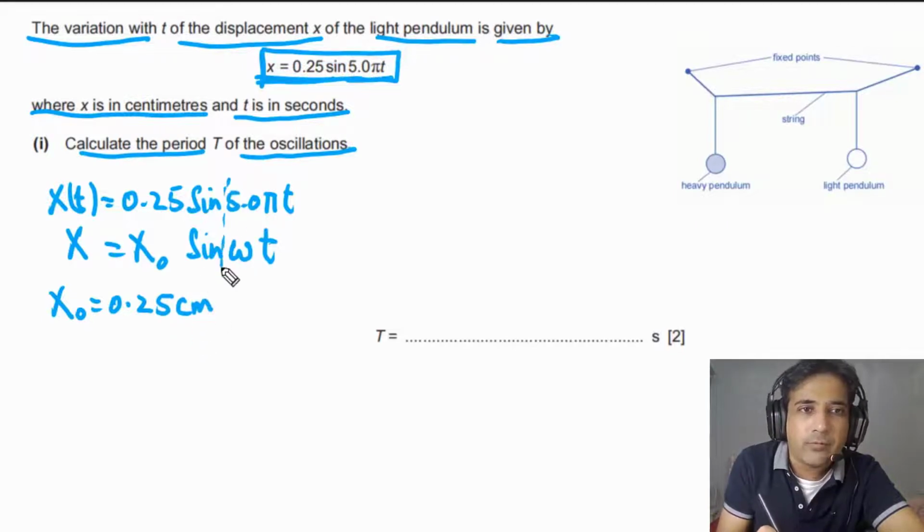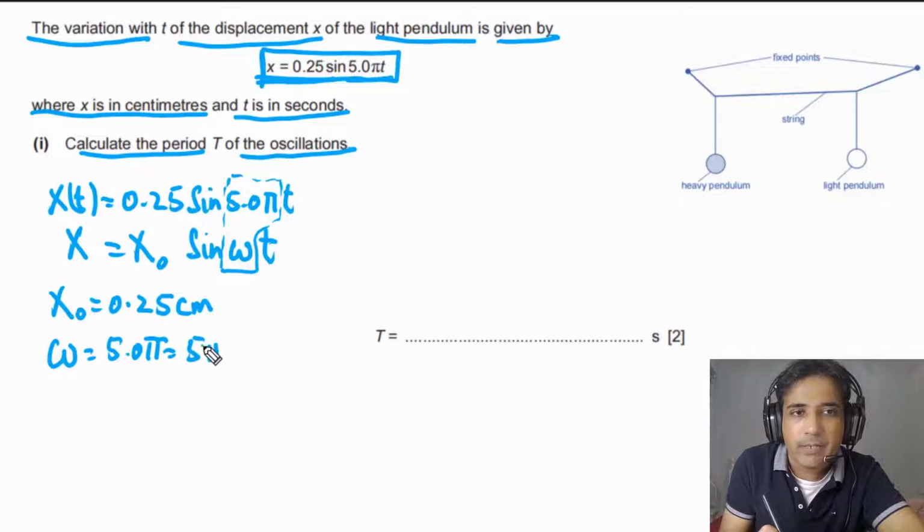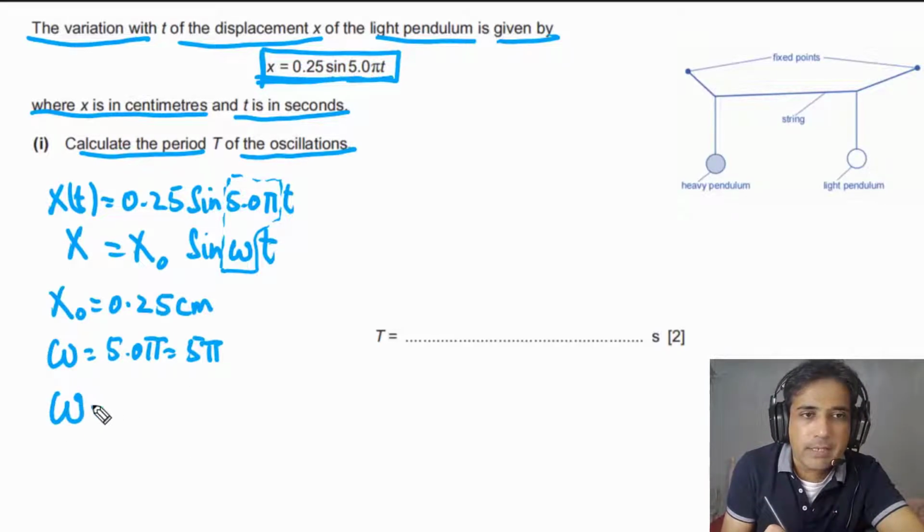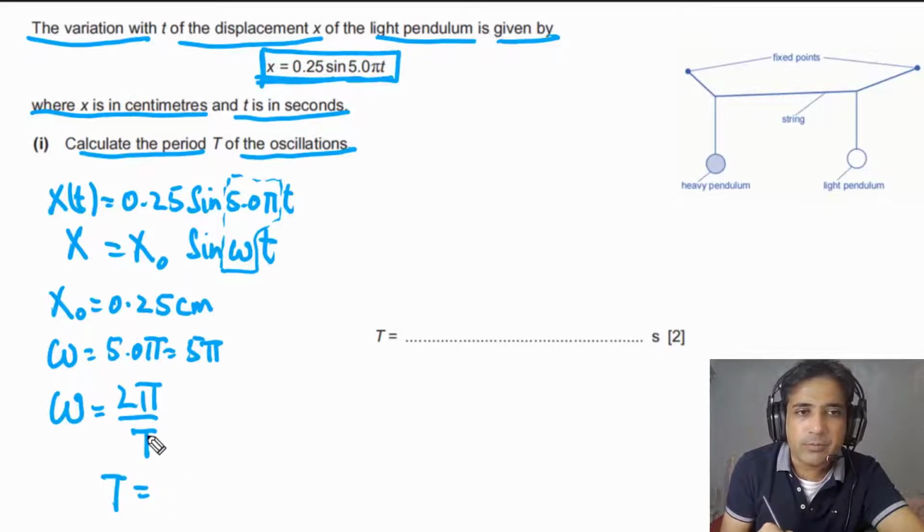Now we can find out omega. Omega in this case is equal to 5.0 pi, or simply 5 pi. We need to calculate the time period. Omega is equal to 2 pi over time period, so we can rearrange: T will be equal to 2 pi divided by omega.